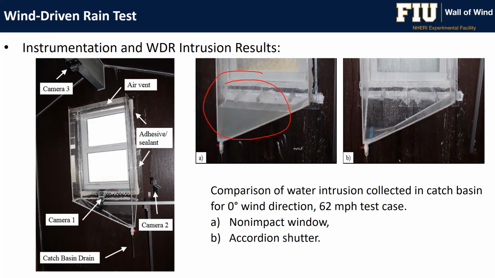This is the case of the non-impact window, where we have significant rainwater intrusion through the window. And the second case is the case with the accordion shutters. This is something that we use here in South Florida to protect our homes from the hurricanes. And you see that the rain intrusion is much, much less. This was an interesting finding, a comparison between an impact window and the shutter, and how they behave when the rain component is considered.